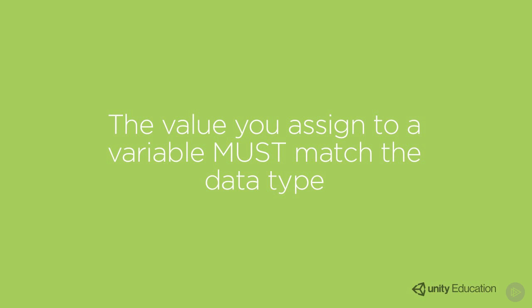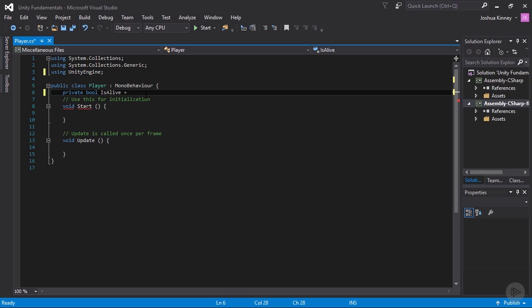So a Boolean data type can only read true or false. So if I were to put a number in here saying equals 14, then it would throw an error saying, I don't understand this data type. Perhaps you meant to use an integer in this case. So what I would type in is either true or false. In our case, we're going to say true.